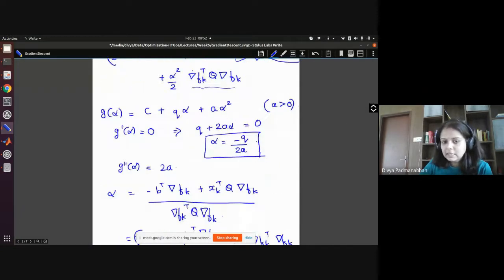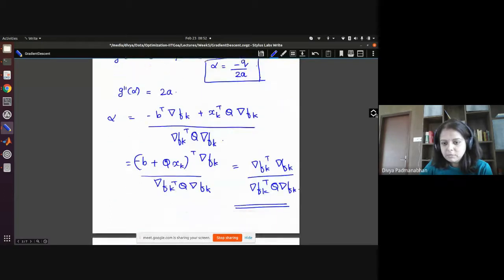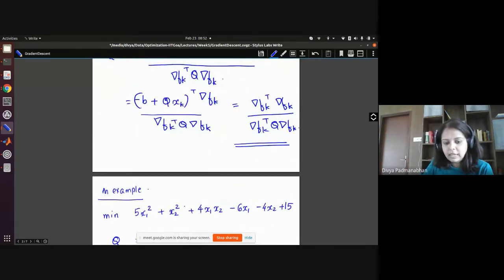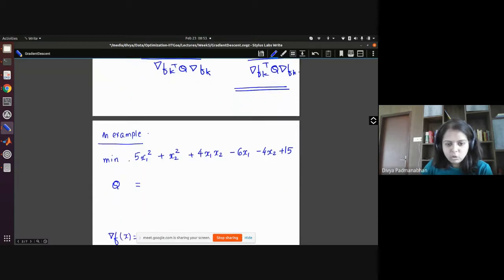So now we've derived all these steps. Let's see how you would apply it in a numerical example. Here, this is a function I'm going to take. Minimize 5x1 square plus x2 square, 4x1 x2 minus 6x1 minus 4x2 plus 50. This is a quadratic function in 2 dimensions, so it is a function from R2 to R. x1 and x2 are the variables here.